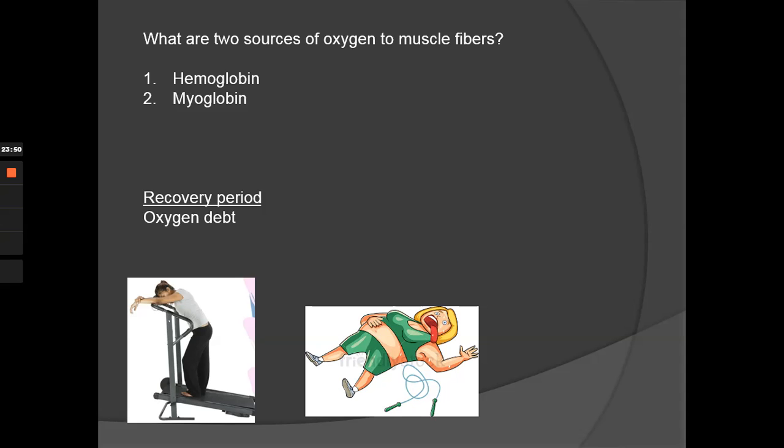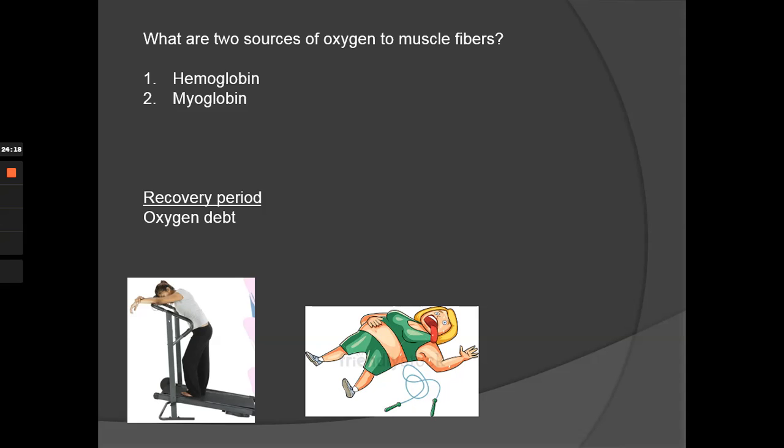So you have an increased ventilation, you have an increased heart rate, and you're kind of huffing and puffing. For me, it takes quite a while. For you, probably not. Now, we used to say that you're paying your oxygen debt. So that's going to happen until you've paid your oxygen debt. We don't necessarily call it that anymore. We call it the recovery period.